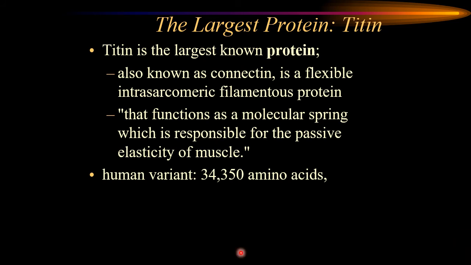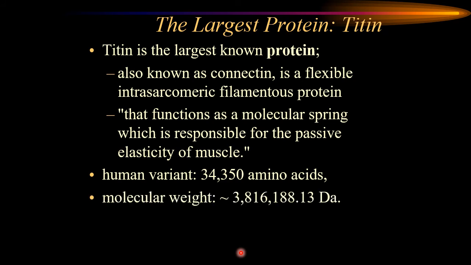So it's large. Now the human variant has about 34,350 amino acids, and the molar mass is 3,816,188.3 Daltons. If you're not familiar with Dalton, this is just equivalent to grams per mole.